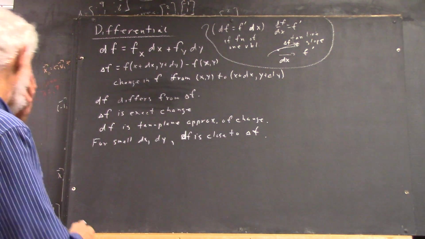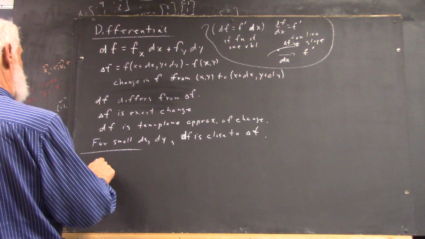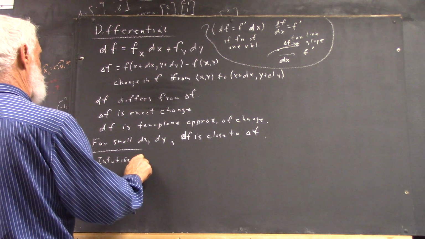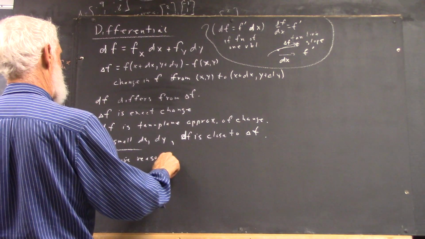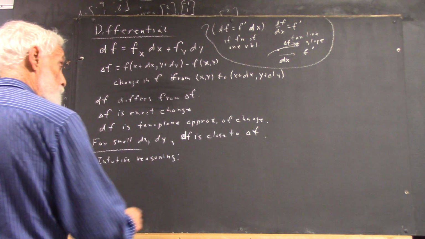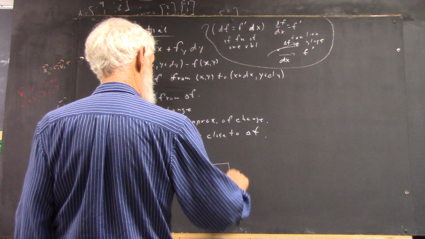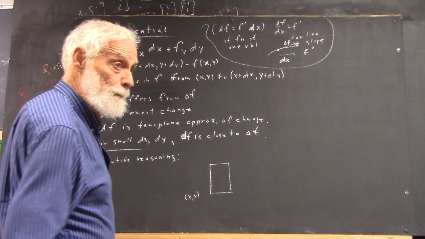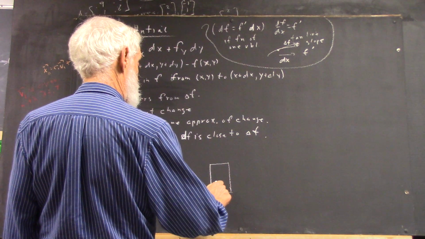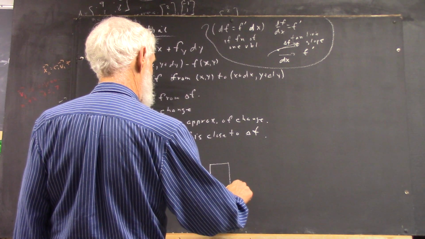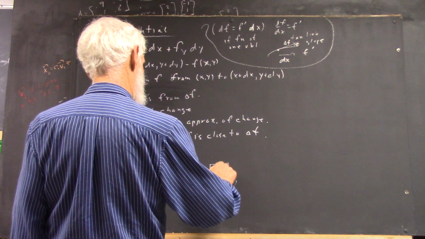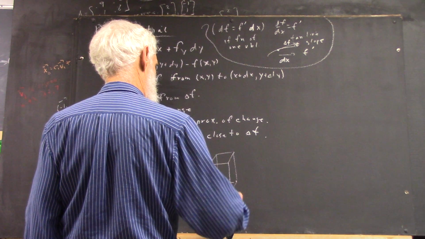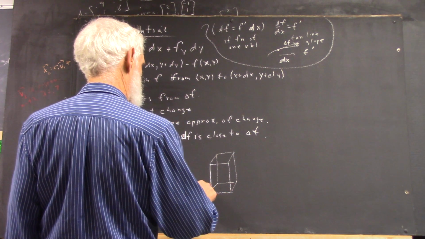And why is it that? Well, in terms of our picture, our standard picture, here you got the point x, y, right? Here. And you got a point out here. You got some delta x.